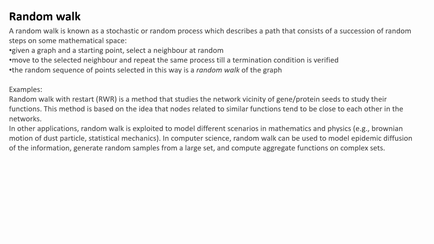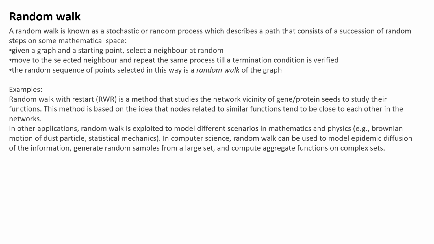So I'll talk about some examples. The termination condition that I mentioned, like if you come back to the same node, you terminate. But there are random walk models which implement a restart condition. Random walk with restart is a method that studies the network vicinity of a gene or protein to study their functions.